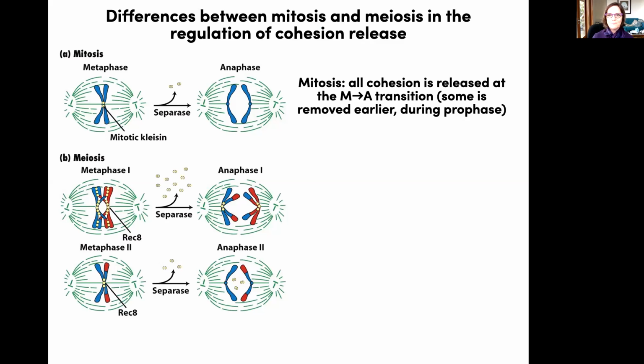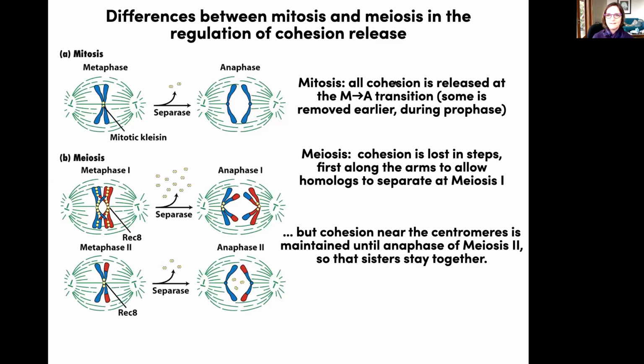So this is just a summary of what I've just said: in mitosis, all the cohesion is destroyed, as we talked about, by the action of separase at the only division. So it's removed all along the chromosome. But in meiosis, in the first division, you retain cohesion around the kinetochores.